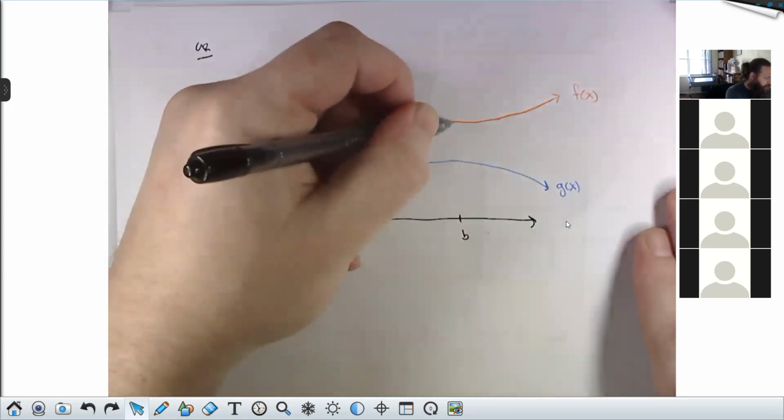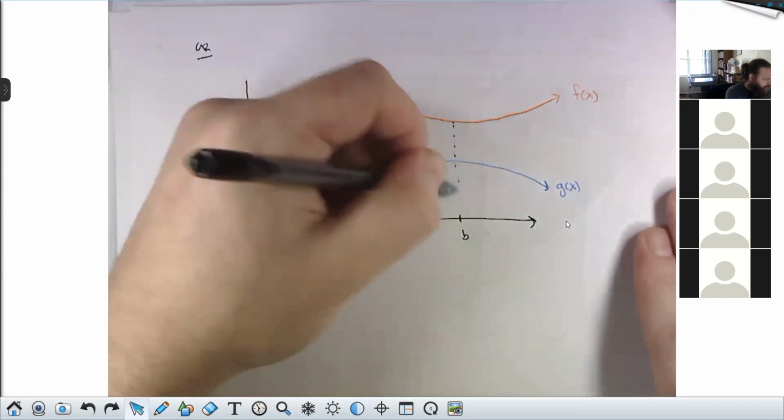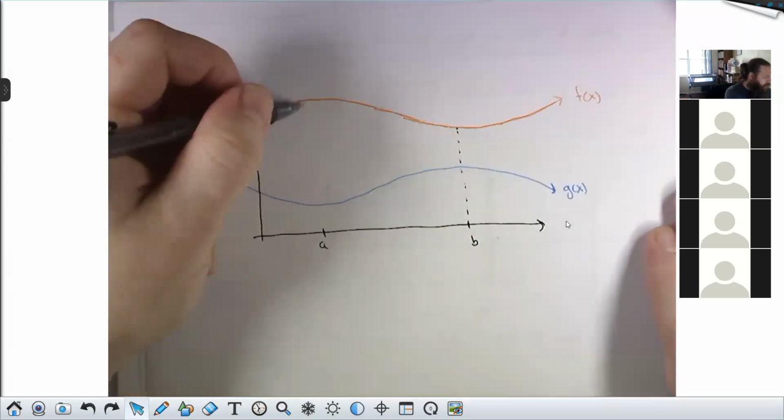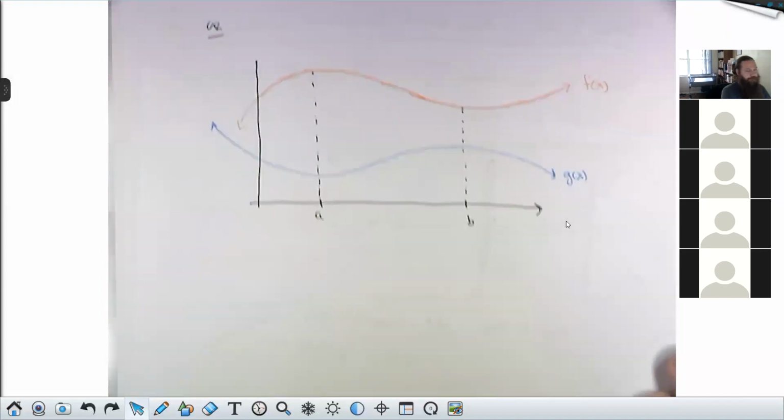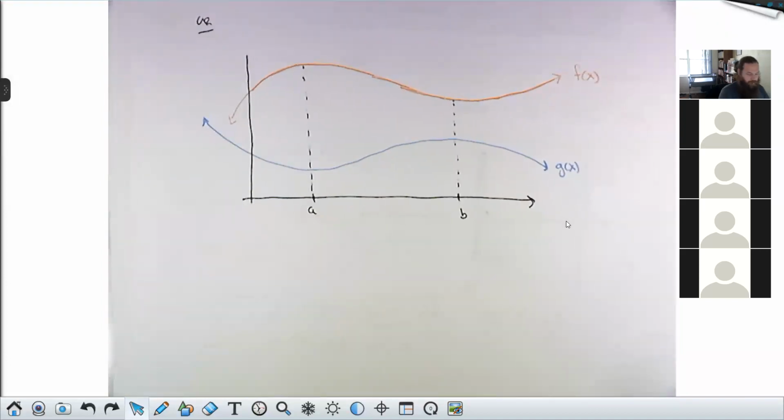So the area I'm after here, the area between the blue and the orange, I'll shade in pencil again.